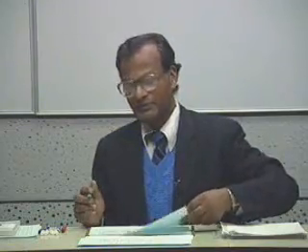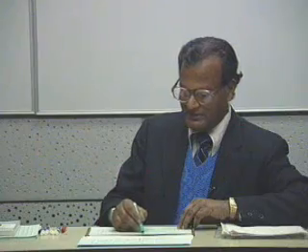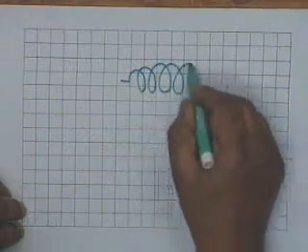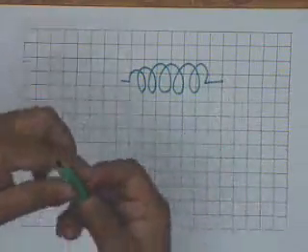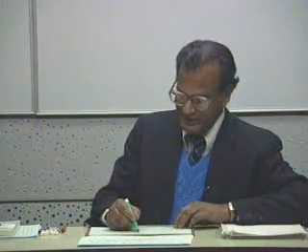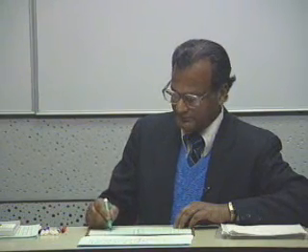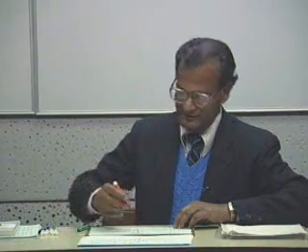There are examples of nonlinear inductors and capacitors also. For example, if I make an inductor, how do I make an inductor? I take a core like this and wind turns of wire around this. If this core is non-magnetic, for example a piece of pencil or a piece of wood, then the flux current relationship phi versus I is fairly linear.